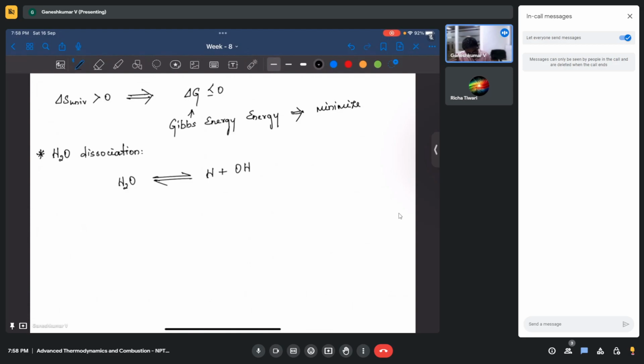Now this can be understood by KPs, right? The equilibrium constants. You know how we can write KP. KP is going to be product partial pressures raised to the stoichiometric coefficients, with reference pressure. These things you must have learned.